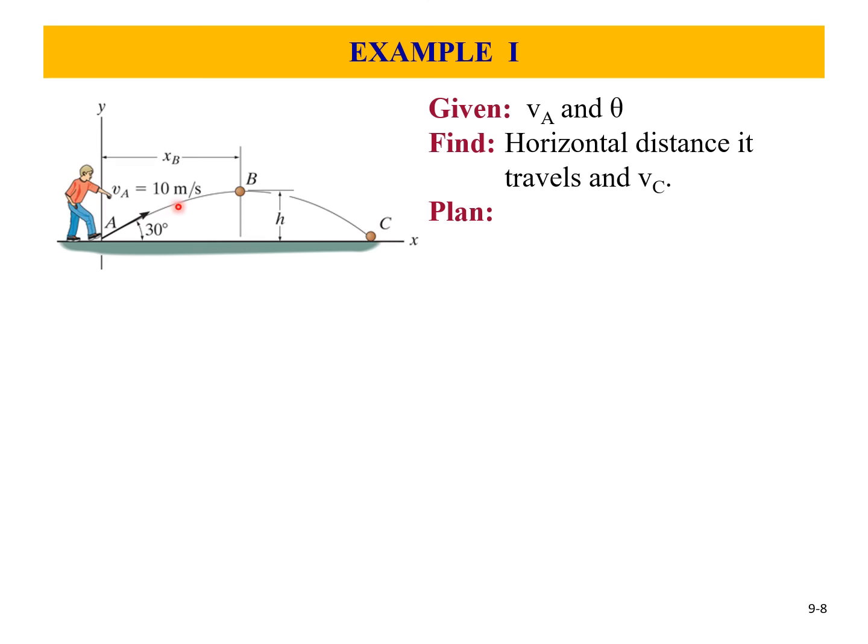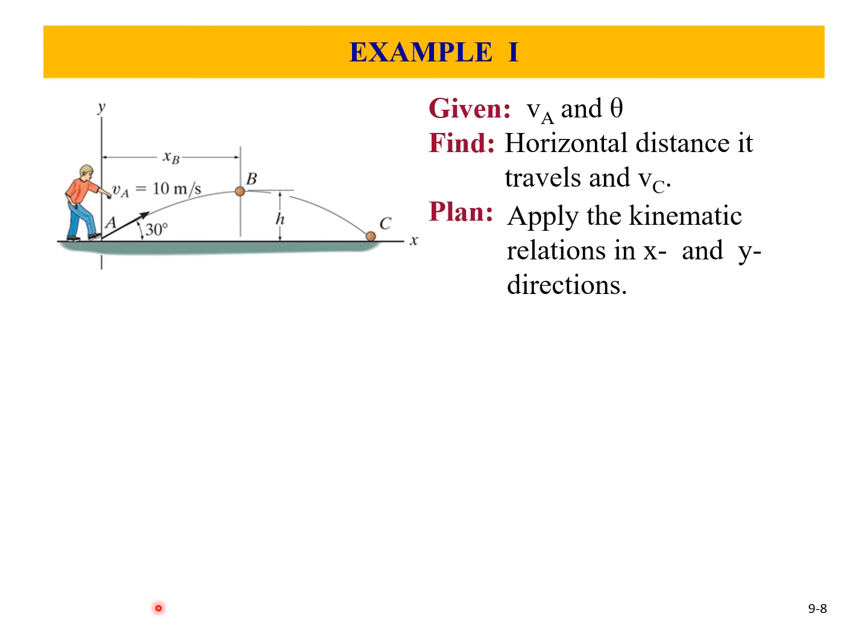We have a velocity of 10 meters per second, and the angle is 30 degrees. And we would like to find the horizontal distance it travels and the velocity at point C. Now this is important because in your second exam we will have these problems. So what is the first step you need to do? Step 1, you need to apply the kinematic relations in the X and Y direction separately.